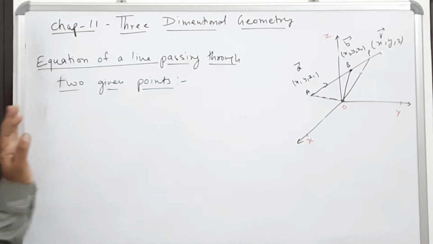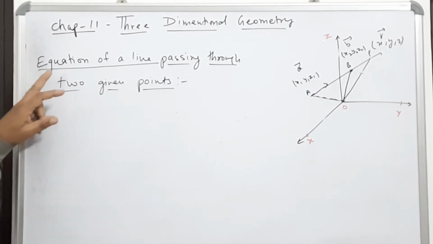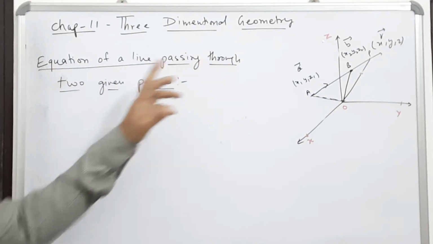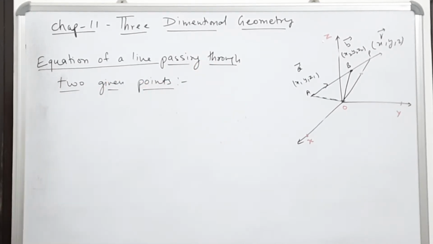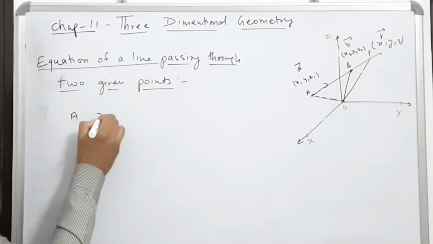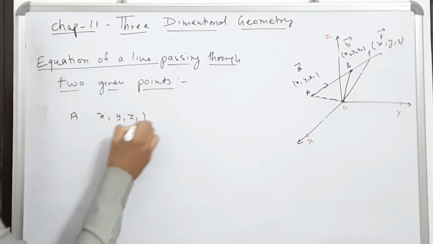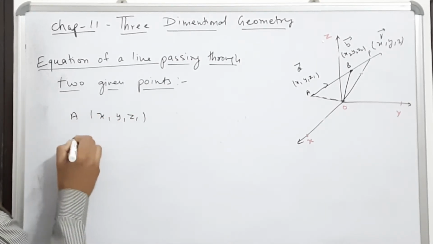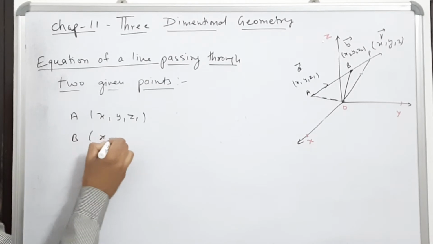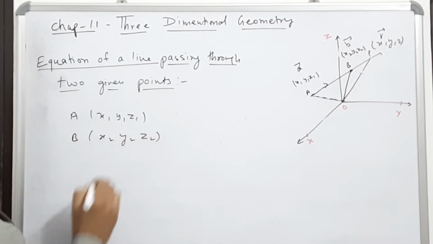Hello students, now you see the second form of the line. Equation of a line passing through two given points, and these points are, the first is x1, y1, z1, and the second point is x2, y2 and z2.